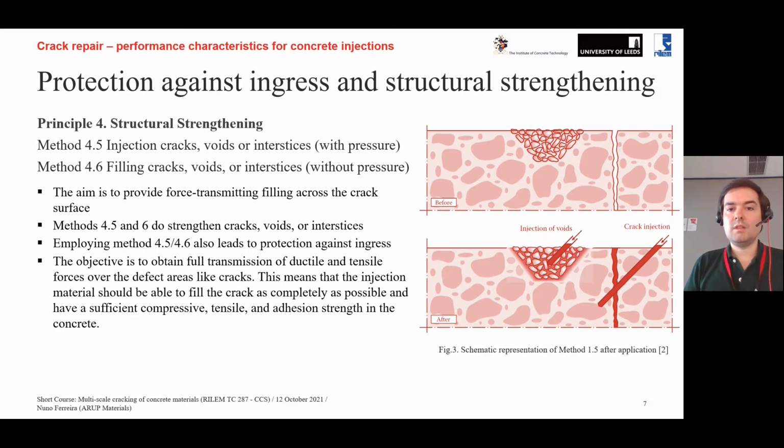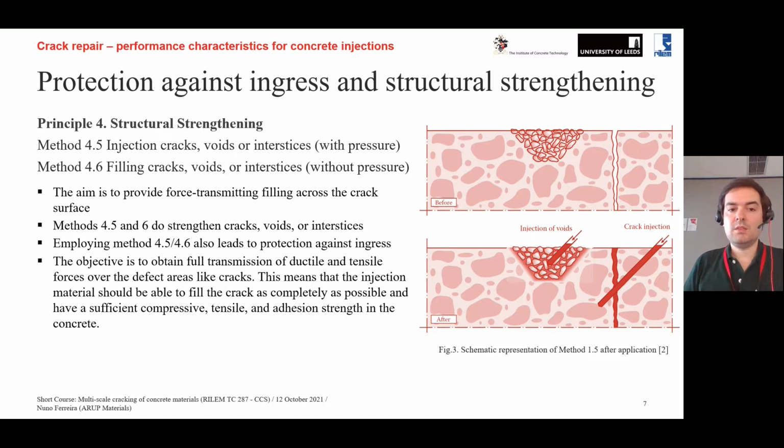In terms of structural strengthening, this is another method. Although we don't really believe that a crack on its own can strengthen a structure, the main objective is to make sure that we can fill these cracks and they can transmit forces across the crack surface. In order to do that, there are only two sorts of materials that are able to provide this function: epoxies, as everyone knows, and also cementitious materials.